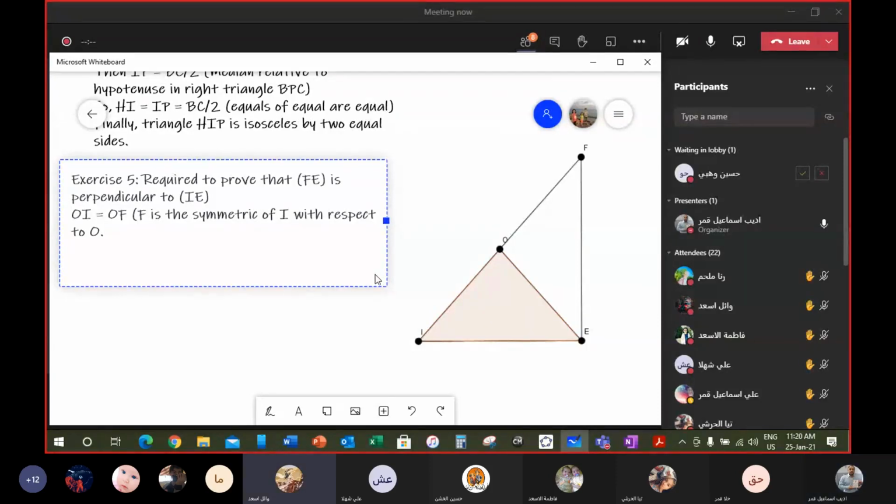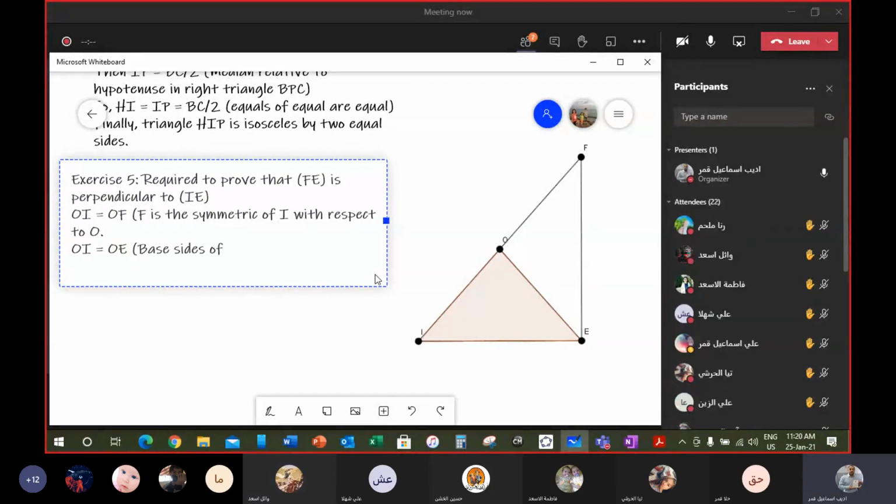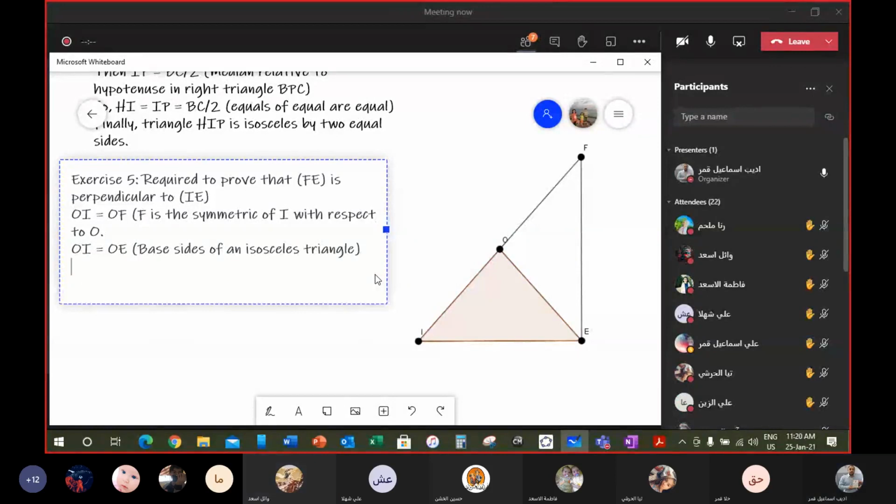OI equal لل OE, good, base sides of isosceles triangle OEI. يلا.